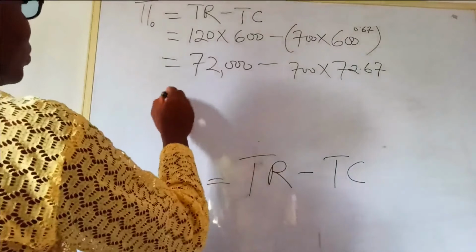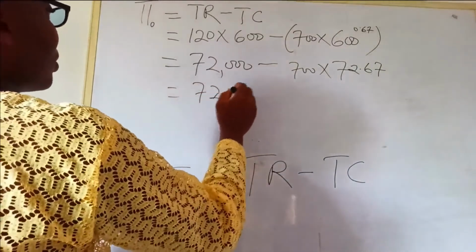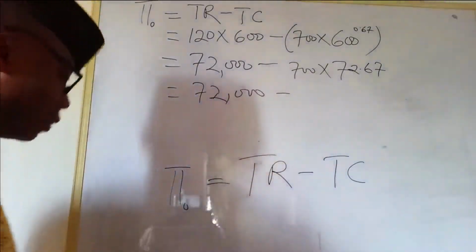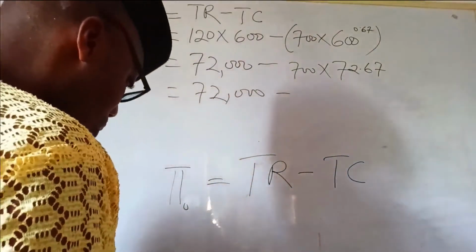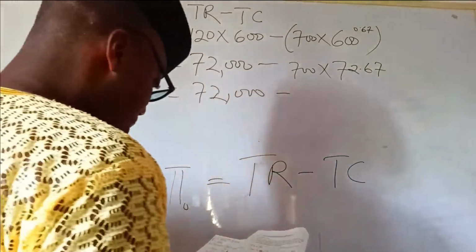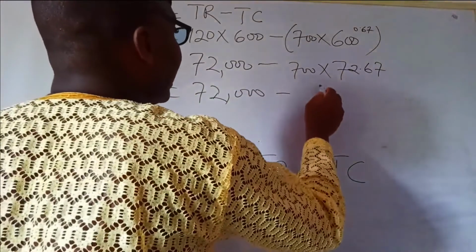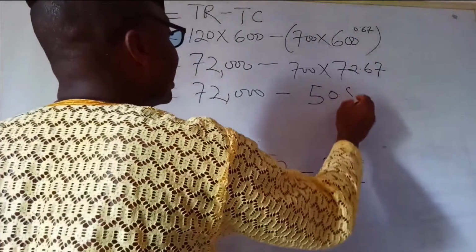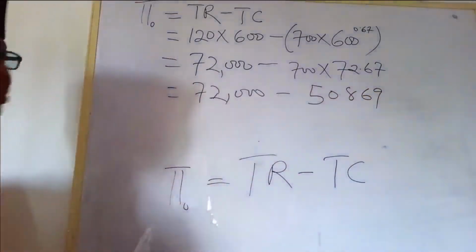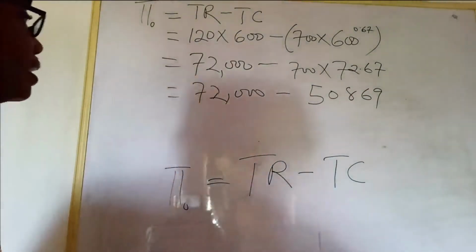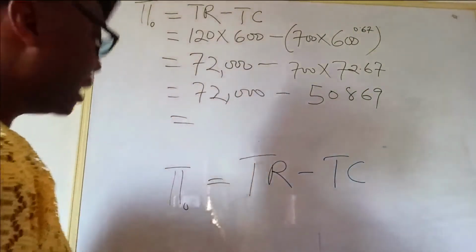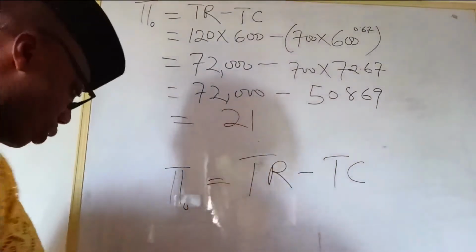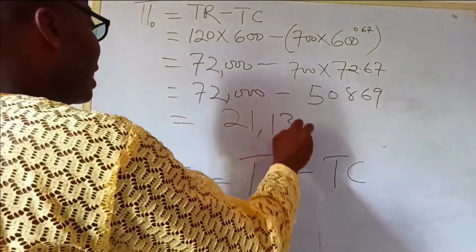So this will give you 72,000 minus 700 times 72.67. That will give you 50,869. And then your final answer, which is our initial profit, will be 21,131.